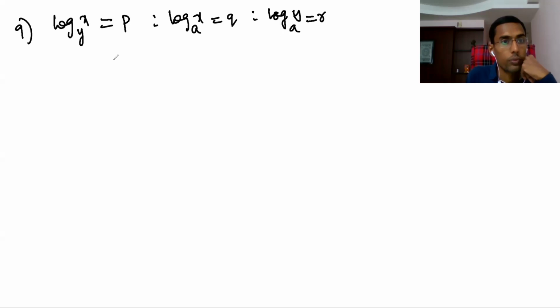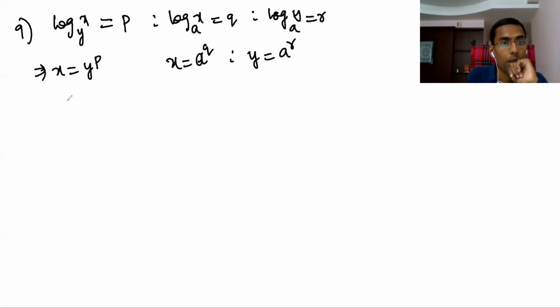Here you can write x equal to a to the power of q, and y equal to a to the power of r. All right. So now here you will get x equal to y power p. Hope you understand.